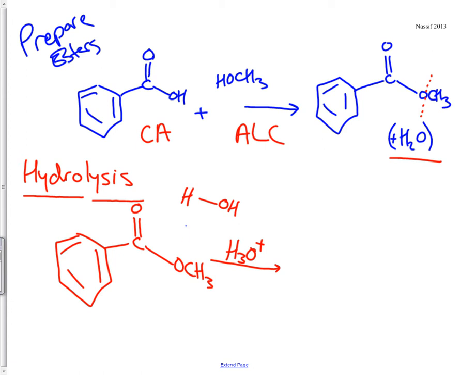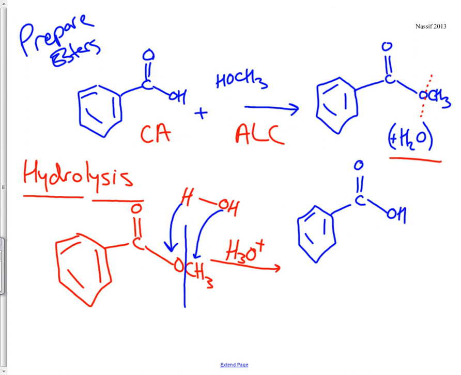Now remember, the ester bond is right here. So what we do is we add H to this side, OH to this side. What are our final products? You have your carboxylic acid, in this case benzoic acid, and then you have your alcohol. This is what we call hydrolysis.